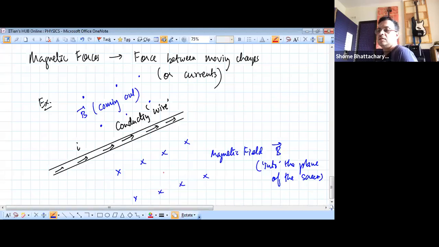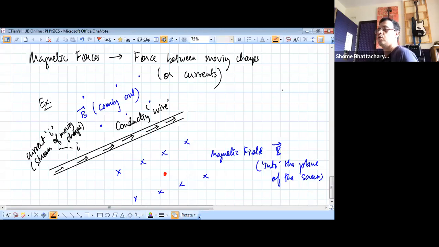Now if I have another charged particle here, so this is a current I. The current I is nothing but a stream of moving charges. This is actually electrons moving in the opposite direction. No, they're not neutral points, Krishna. The crosses represent the vectors going into the plane.